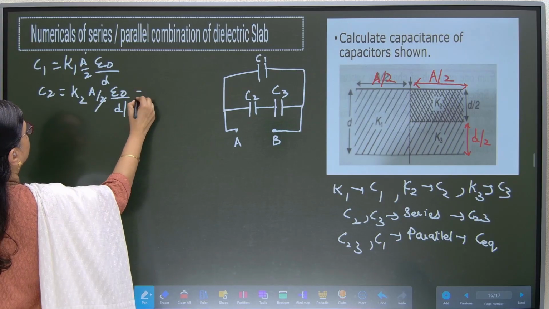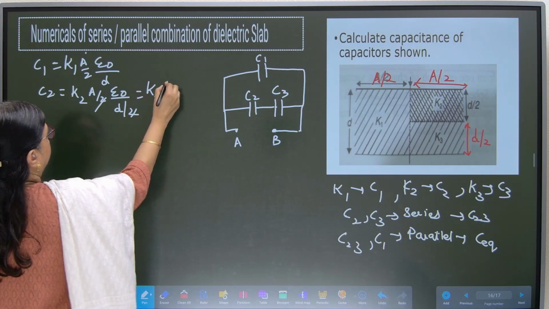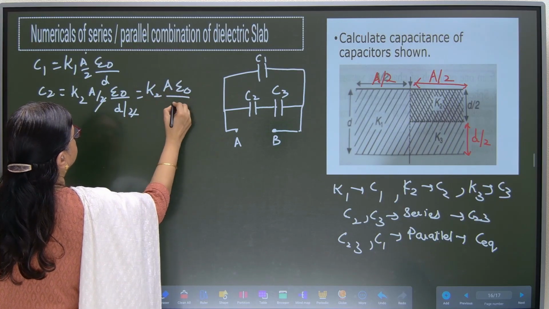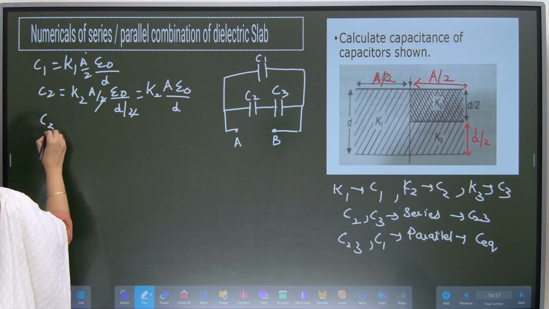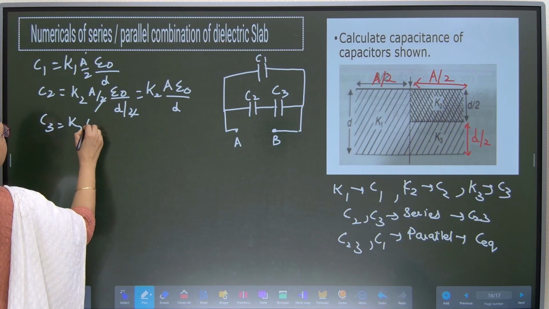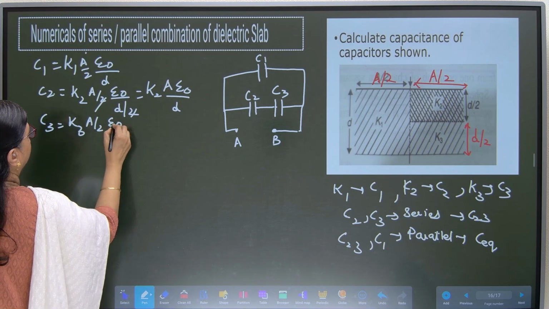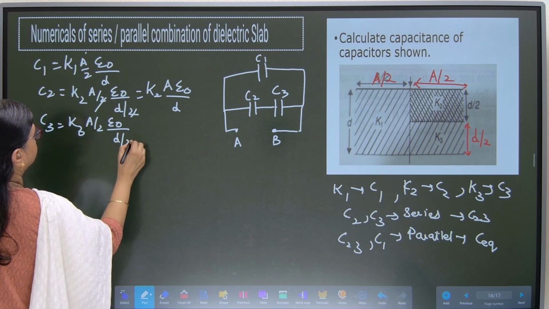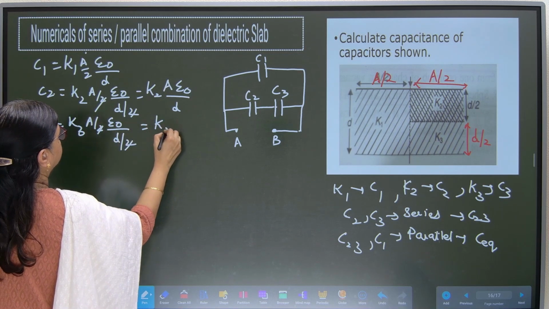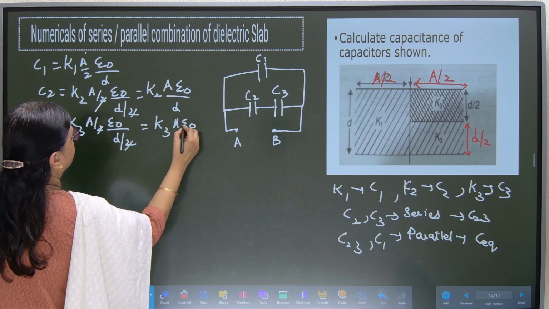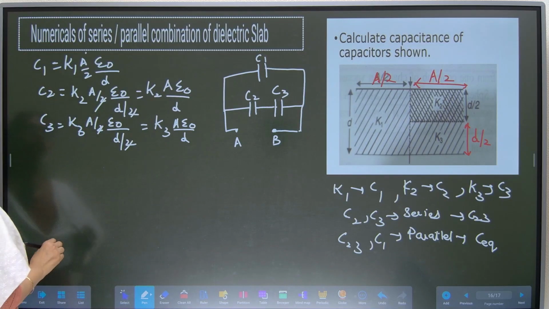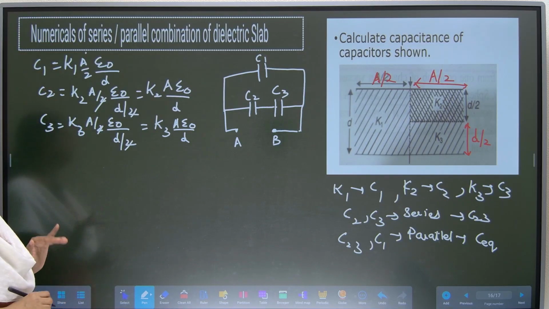The 2 cancel, so we get K2 A epsilon naught upon D. C3 is K3 A upon 2 epsilon naught upon D upon 2. The 2 cancel. So K3 A epsilon naught upon D. So we are ready with C1, C2, C3.